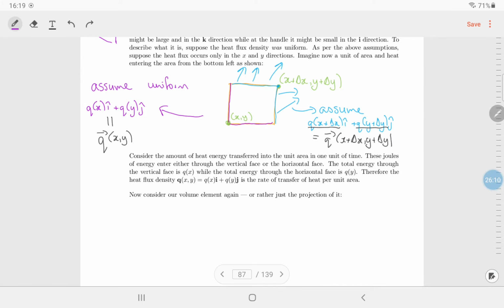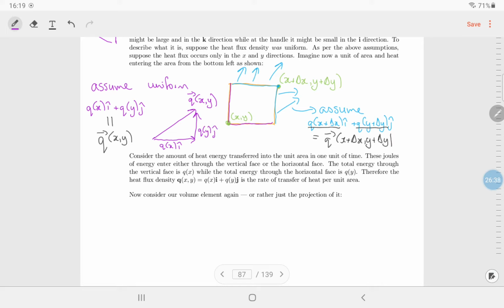So if I draw this vector here, this is the vector coming in, so this is q arrow x, y. It's composed of an x part and a y part. This is the x part, which we're calling q of x i, and the y part we're calling q of y j.